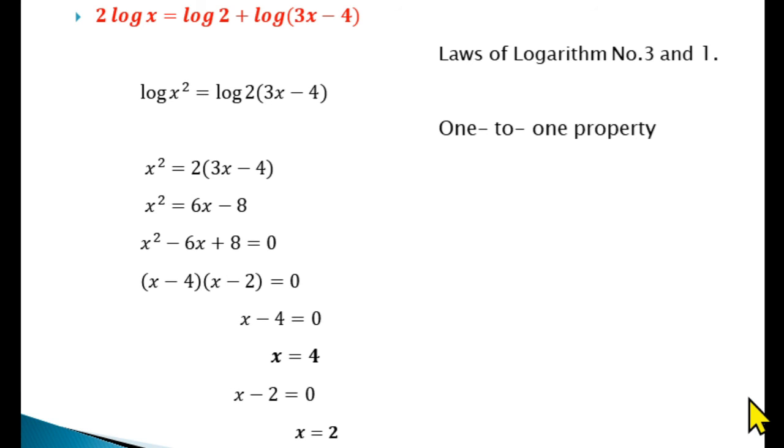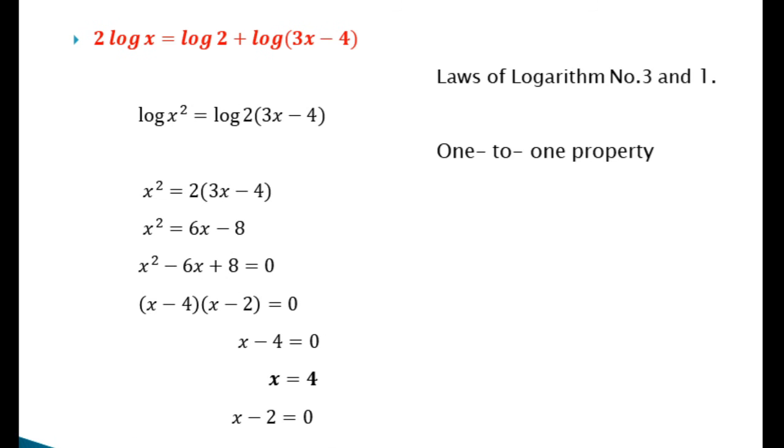Now we have two values of x. We need to check if these two values can solve our equation. So next is for us to check for extraneous solutions. Again, an extraneous solution is a solution that cannot solve our equation. First, we will use our first value, that is 4. Substituting, we have 2 times the logarithm of 4 equals the logarithm of 2 plus the logarithm of the quantity 3 times 4 minus 4.